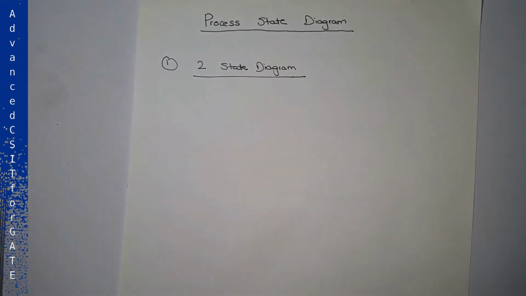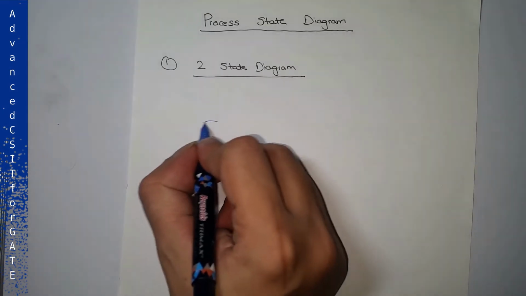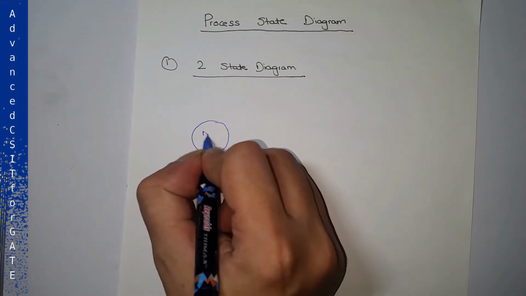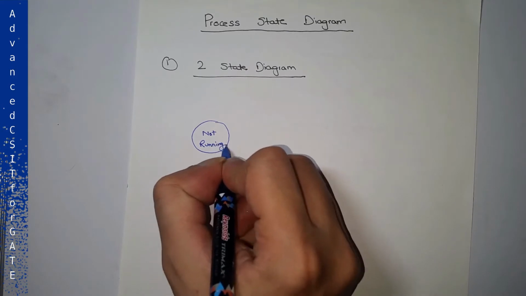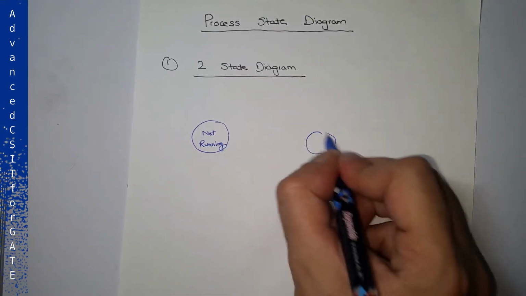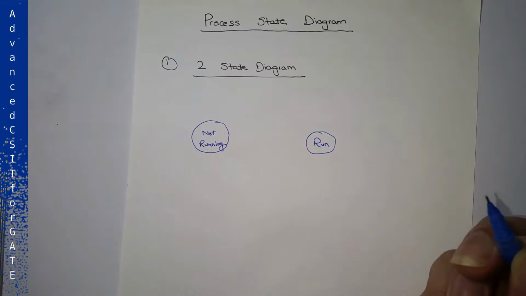Now a two-state diagram is a relatively simple process state diagram which includes only two states. As the name suggests, those are the not running state and the running state.